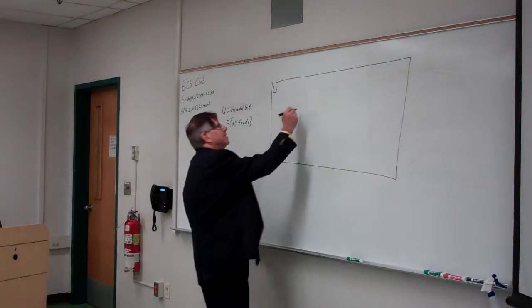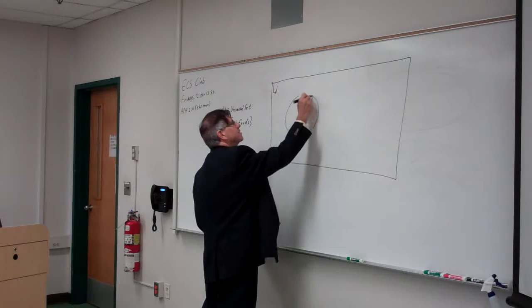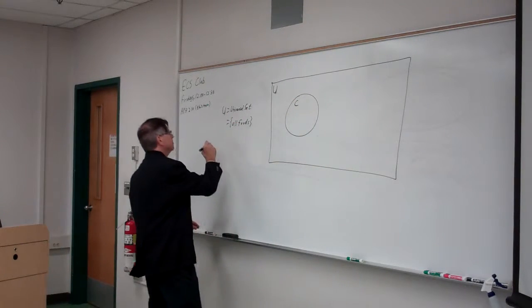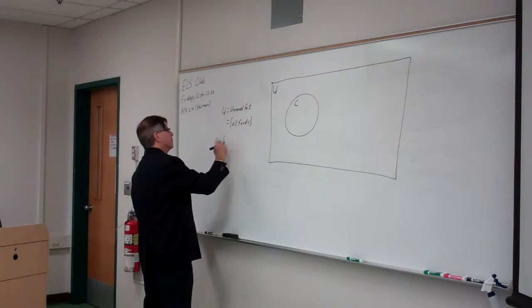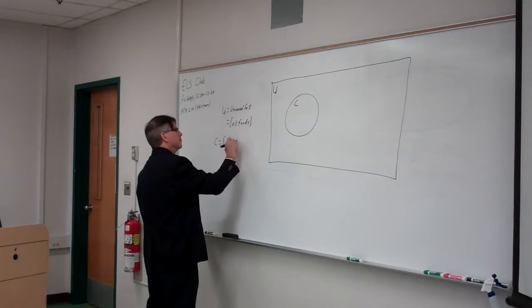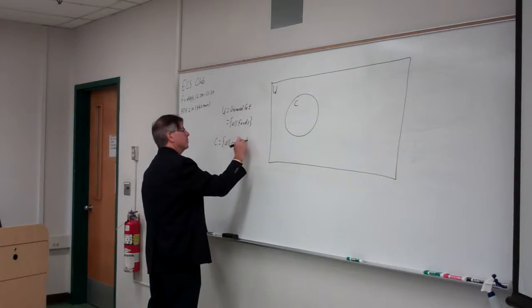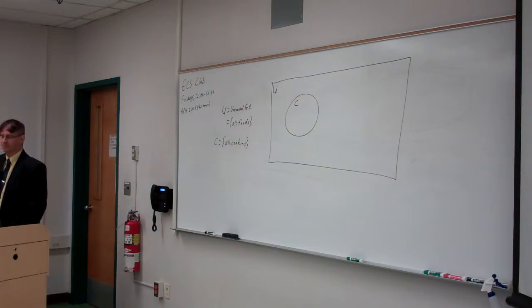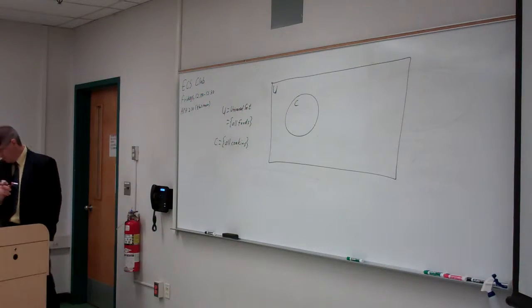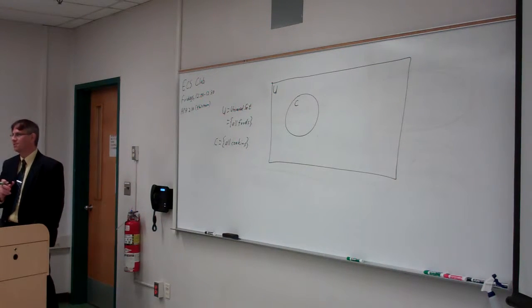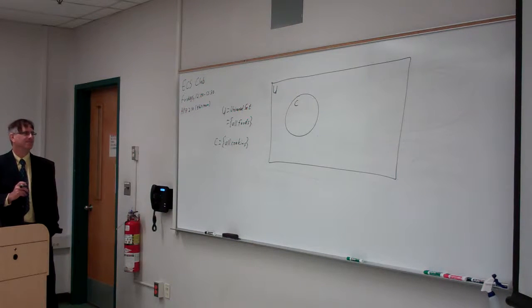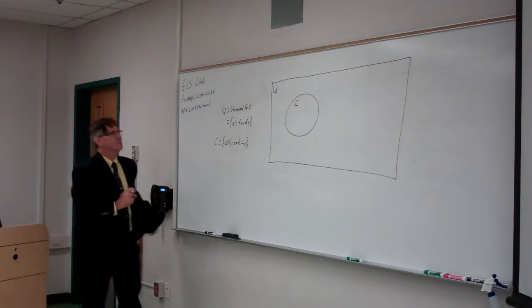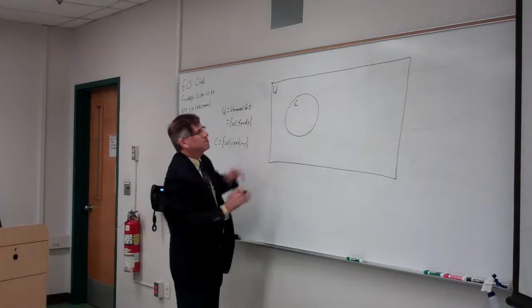And I'm going to draw a set C, which is a set of all cookies. And theoretically, every cookie is a food. You can eat them. So I'm drawing this as something inside this larger object.